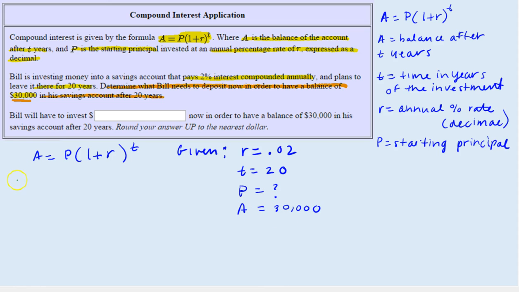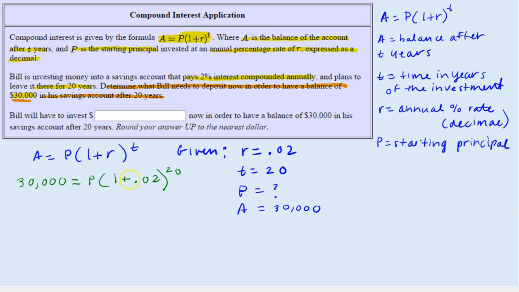So now let's replace all of the numbers we know. We know A is 30,000. We don't know P. Then we have 1 plus R, so 1 plus 0.02. And T is 20, so that's the 20th power. And we want to solve for P. Now, there's a couple of ways we can do this.